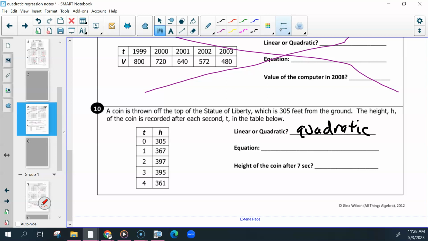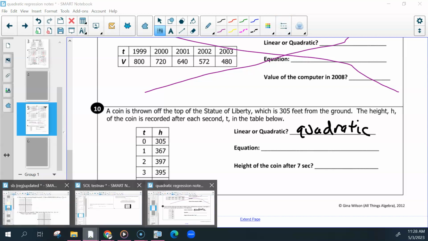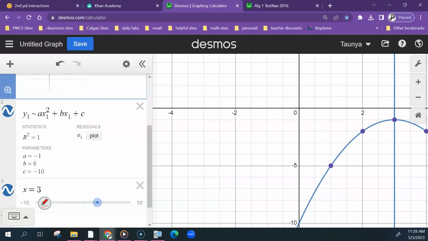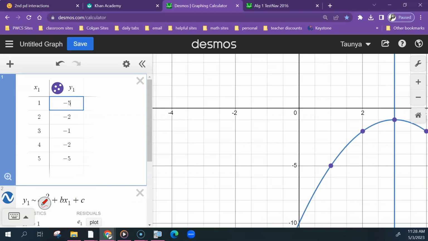So, do we want to use Desmos or the calculator? Desmos. So I'm going to use the same table I already had and just change my values.